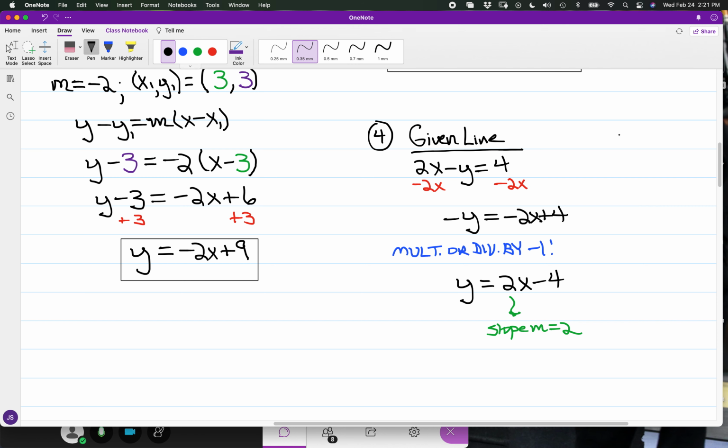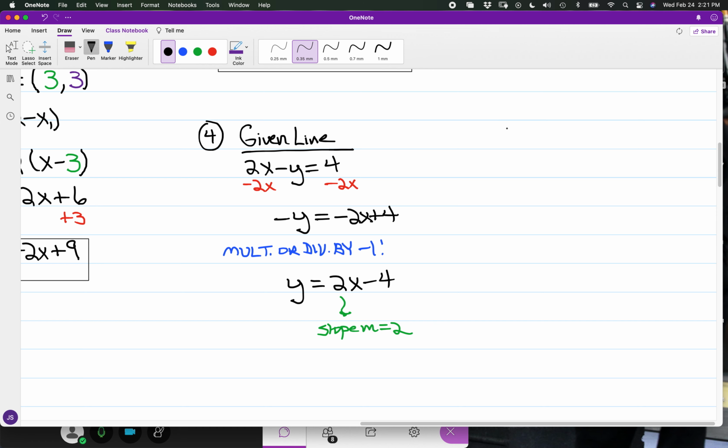And for what we have in the case of the perpendicular line, again, parallel lines had the exact same slope, but for perpendicular lines, on the other hand, the slope values will have an opposite sign reciprocal relation.